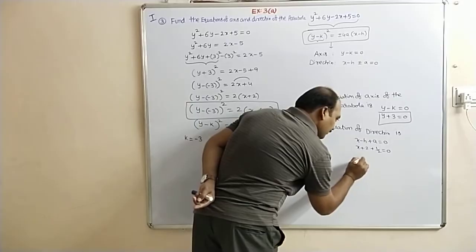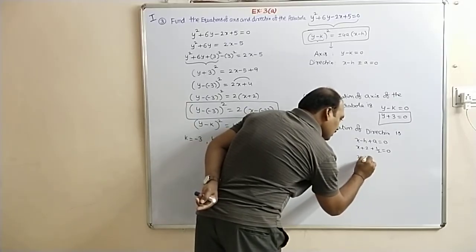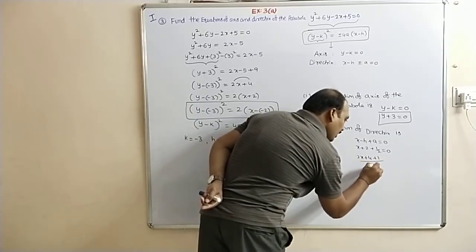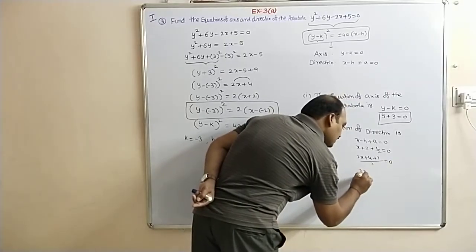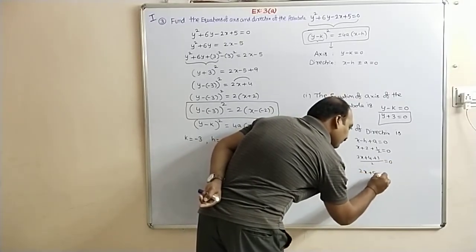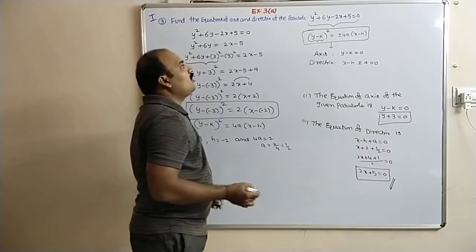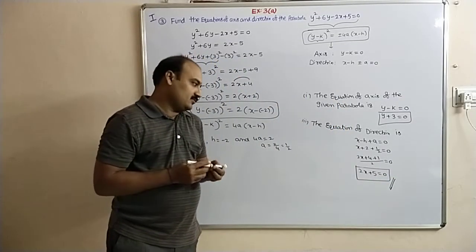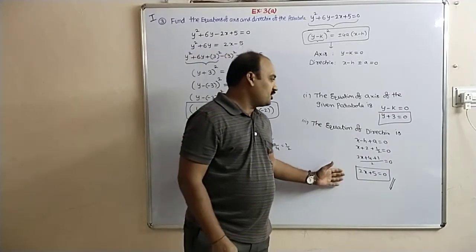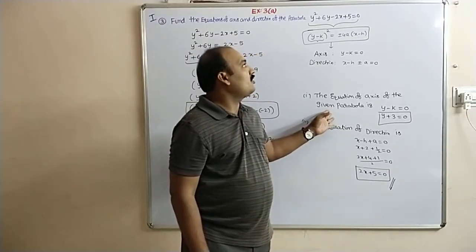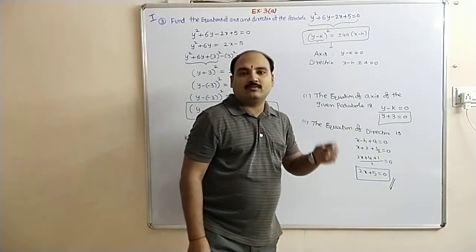So after taking LCM, x plus 2 plus 1 by 2 equal to 0, that is 2x plus 5 equal to 0. This is the way you have to calculate the equation of directrix as well as the equation of axis of the parabola.